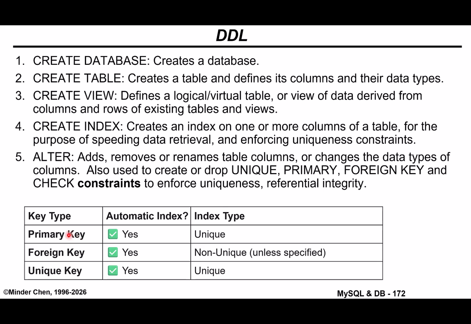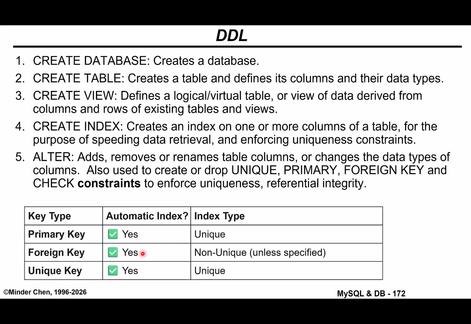When you create a table with its primary key, an index will be created automatically for the primary key column, and that index will be a unique index, which means that the values for that index column should be unique. You cannot have duplicated values.